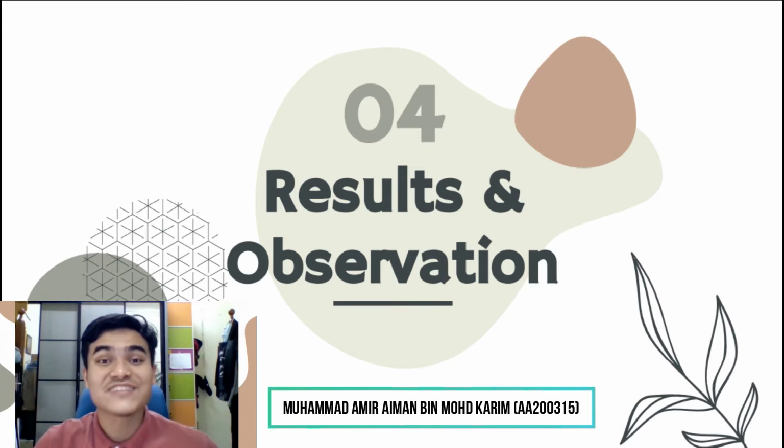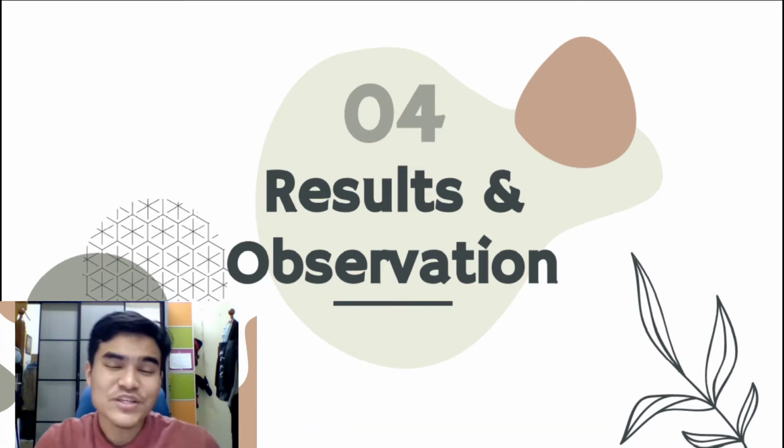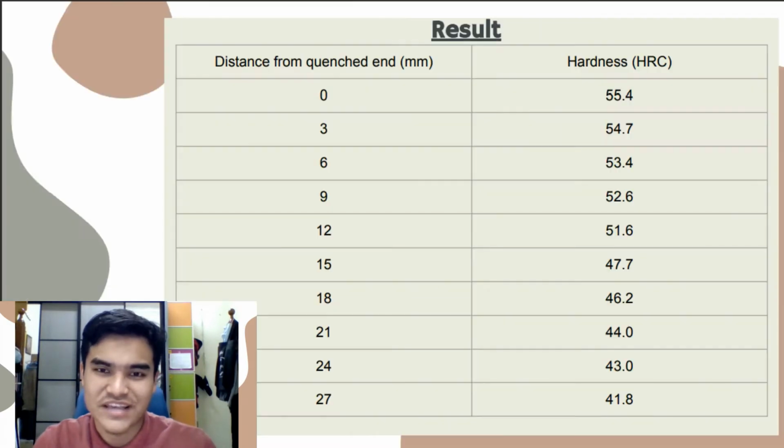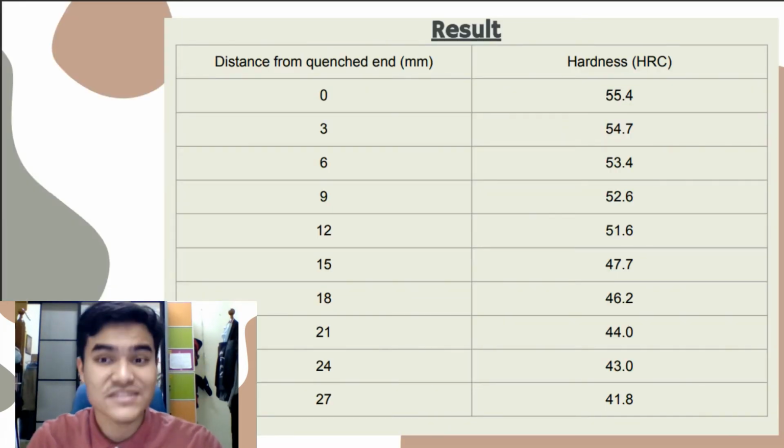My matrix number is AA200315, and now I want to explain about our result and observation. As you can see, here is the table of distance and hardness.